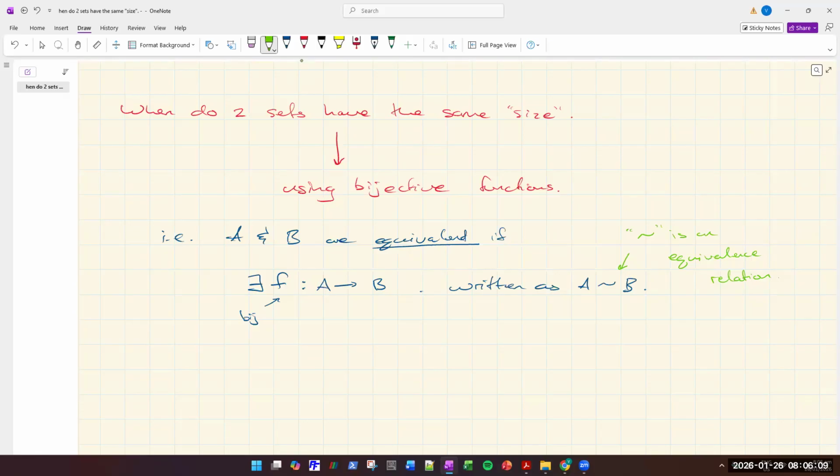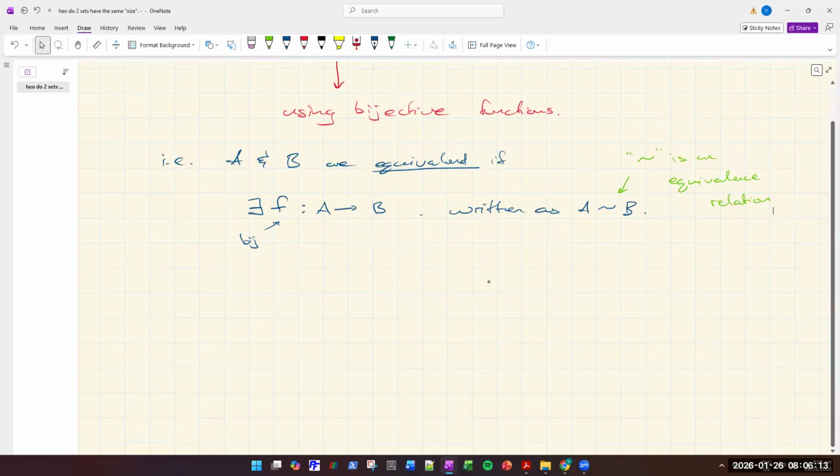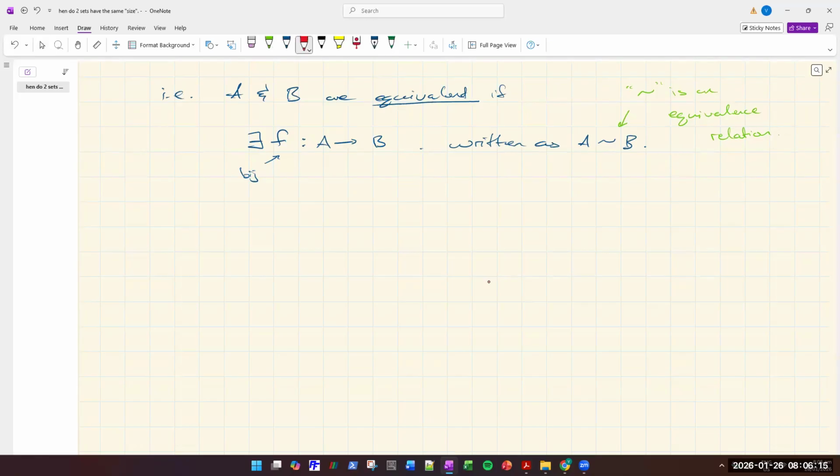Okay, so from that, we now have, let me redraw this diagram that I did last time.